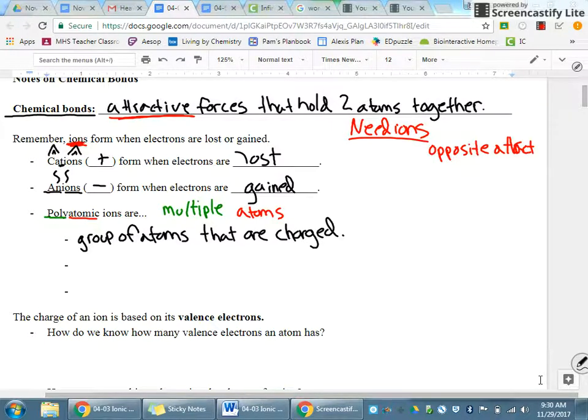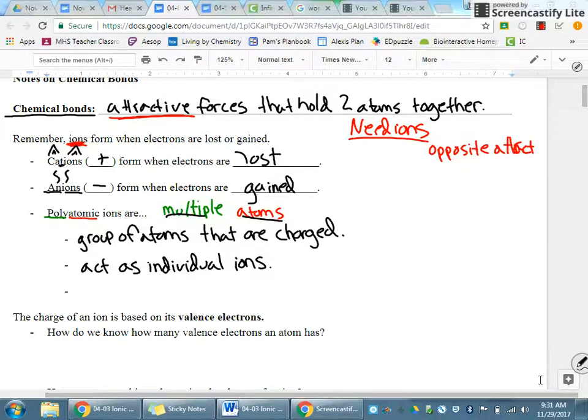So these polyatomic ions, even though they have multiple atoms in them, act as individual ions. Remember you can pause the video whenever you need to catch up.